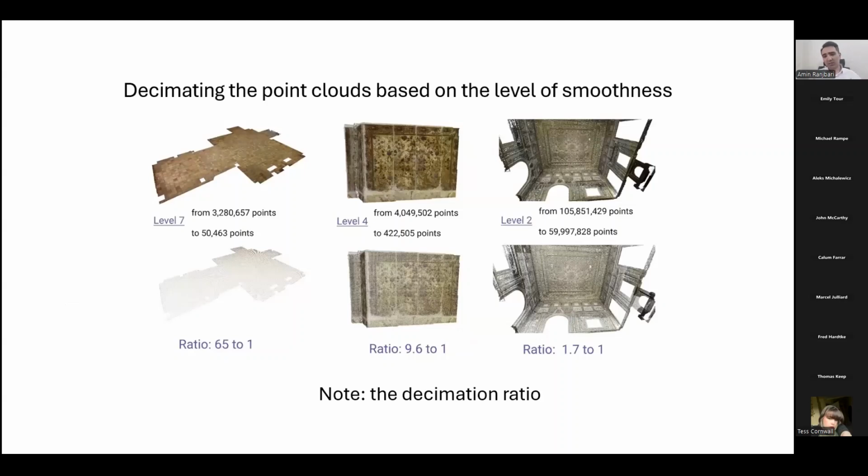For the second time, we split it into fragments, and this time not cubic, but selective, using the selection options of Agisoft Metashape. And as you can see in this picture, on the right side, the most physically important parts like the ceiling and walls have been extracted from the main body and reduced in density, but this part gets the least reduction because it's the most important, and the ratio of reduction is 1.7 to 1.